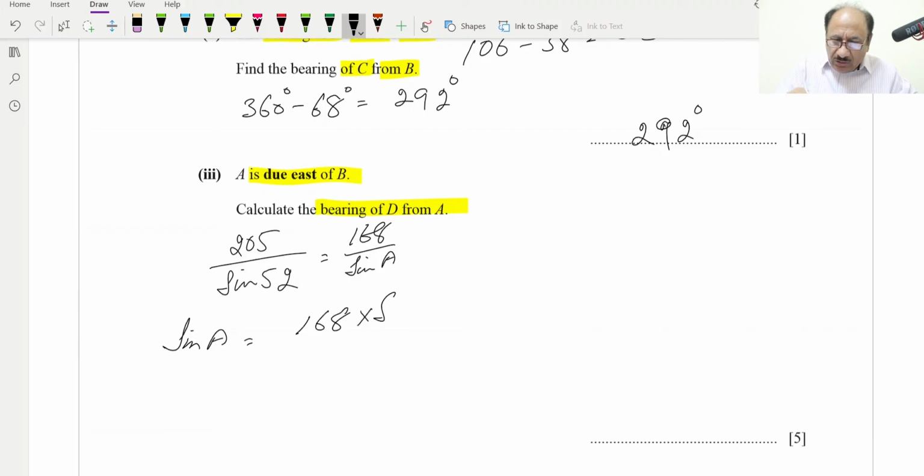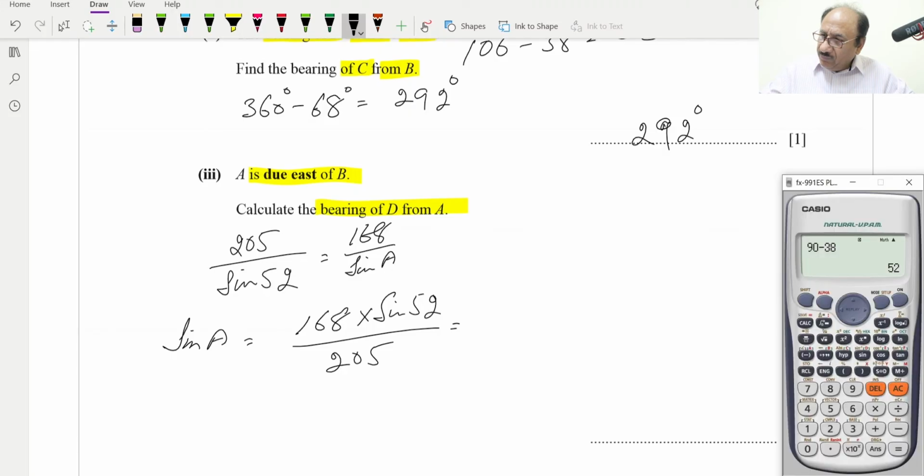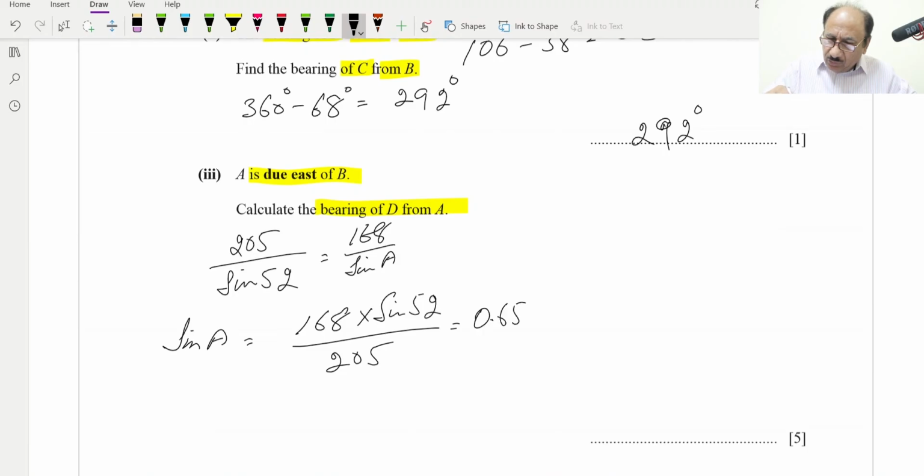And sine of A we can write is equal to 168 into sine of 52 divided by 205. We can simplify this, and this is equal to 0.645, so I will write 0.65, using the calculator numbers.